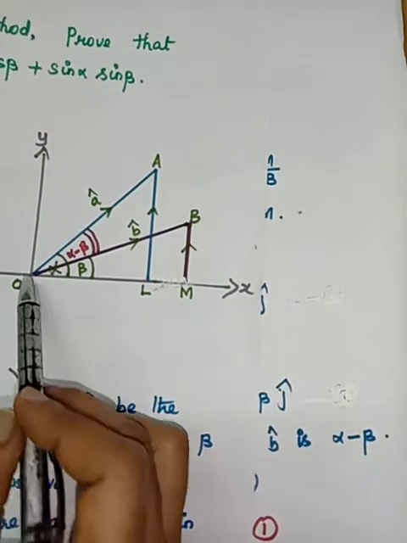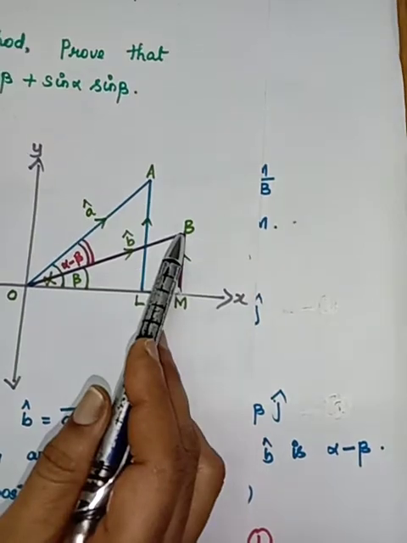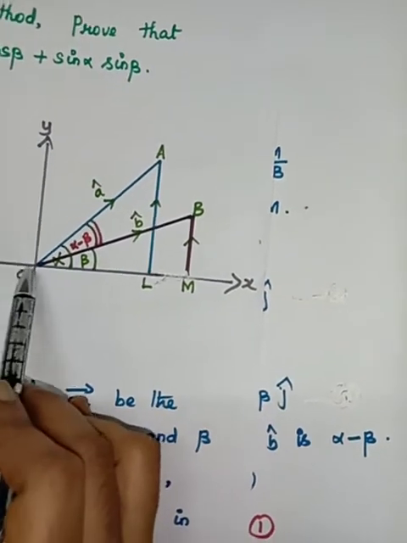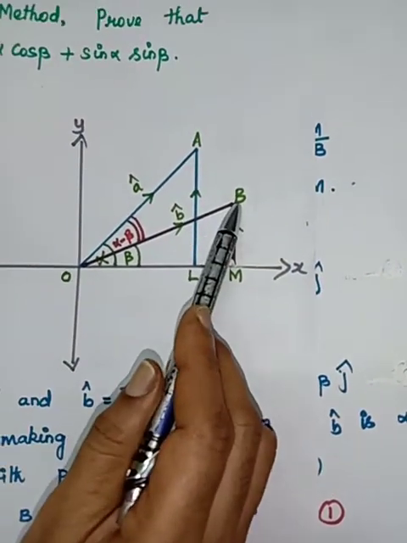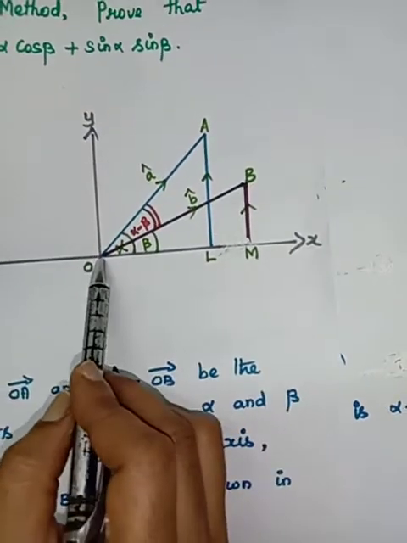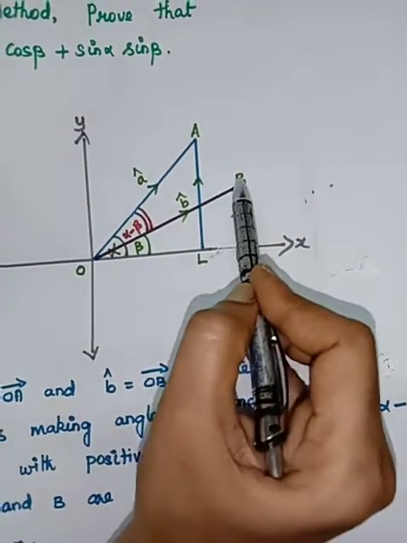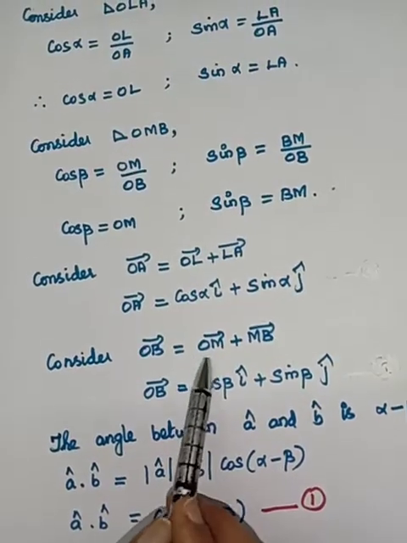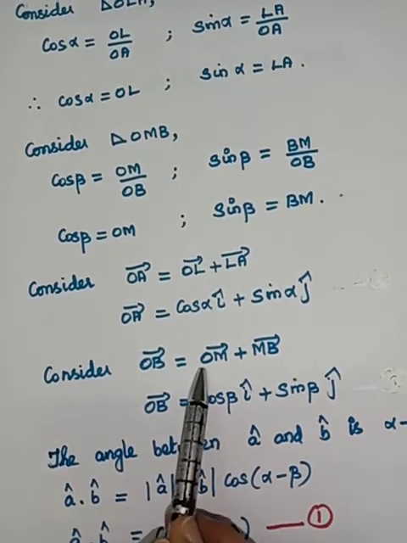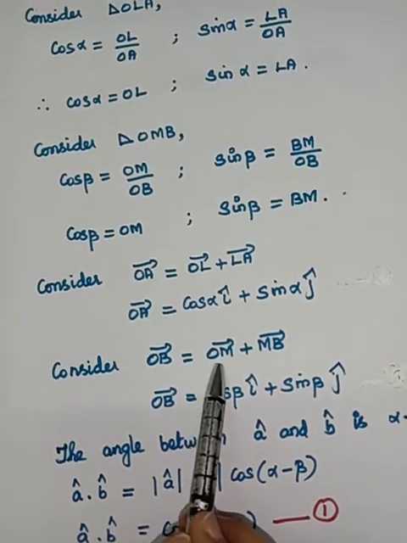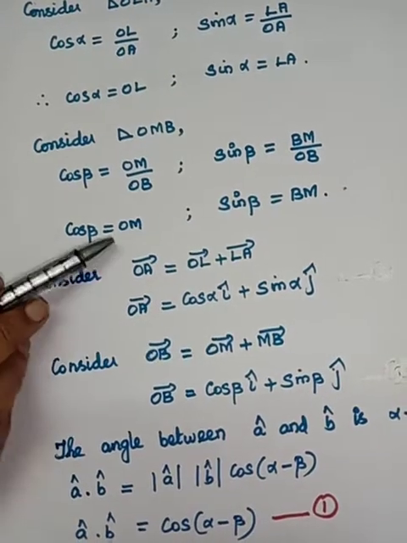In the same way, consider the next triangle. Here you are going to write the OB vector. You have to start with O and end with B using the triangle law of addition of vectors. So it is OM vector plus MB vector. Here you have to write the magnitude and the unit vector. What is the magnitude of OM?